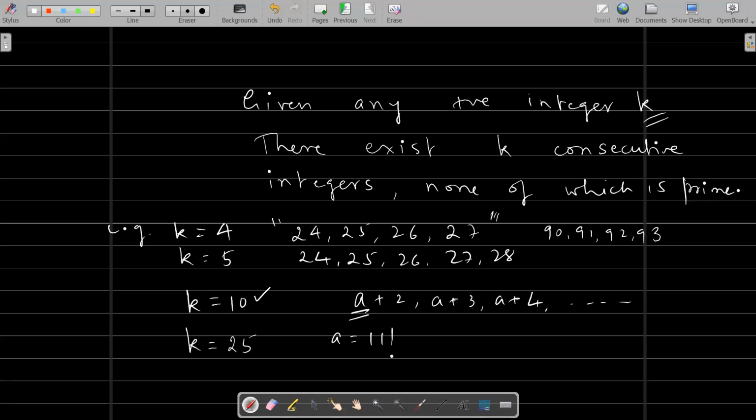So I consider 11 factorial plus 2, which is divisible by 2, 11 factorial plus 3, which is surely divisible by 3, 11 factorial plus 4, divisible by 4, and so on, up to 11 factorial plus 11, which is divisible by 11. So these are 10 numbers divisible by 2, 3, 4, 5, 6 and so on. They are all composite, none of them is prime, and they are consecutive. So that's for 10 numbers.